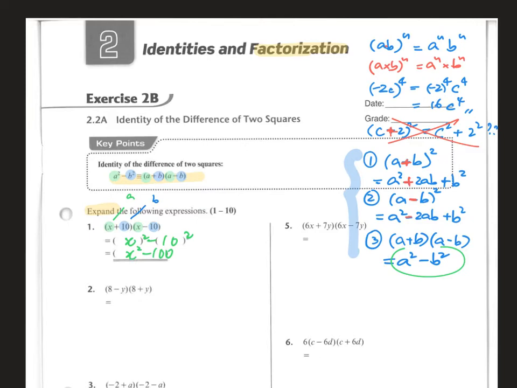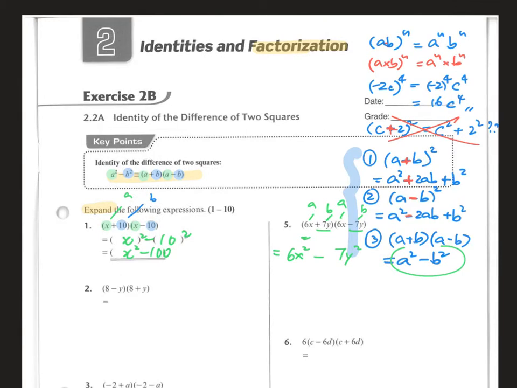And let's take a look at number 5, which is also a simple example. A this time is your 6x, and minus 7y will be your b. So your answer will be 6x squared, a squared, minus 7y squared. Do you find I made a mistake here? Yes, true.